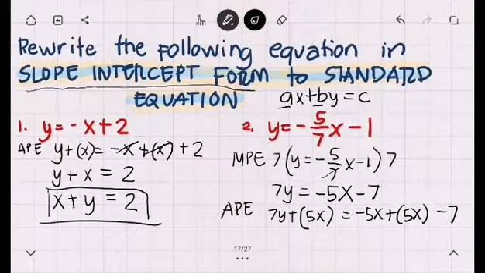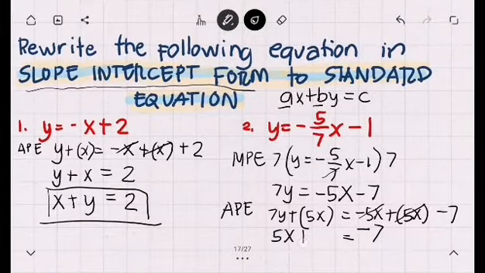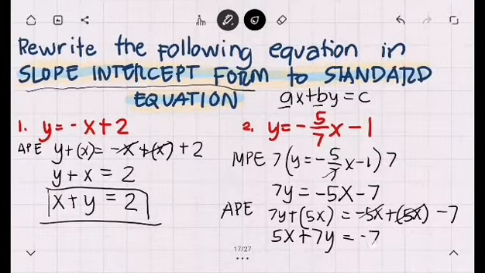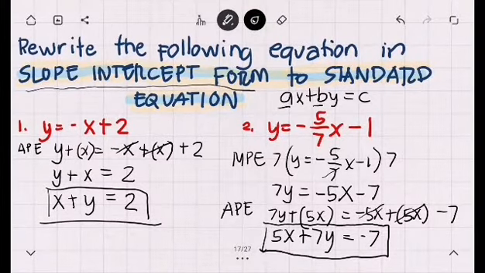Okay, so para makancel natin yung negative 5x sa right side, ang matitira sa ating right side na equation is negative 7. Then, simplify na lang natin yung left side. So, we have 5x plus 7y is equal to negative 7. Okay, so ito na yung ating standard form ng equation.